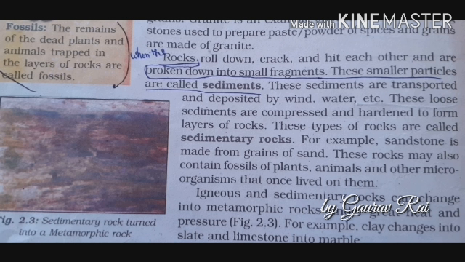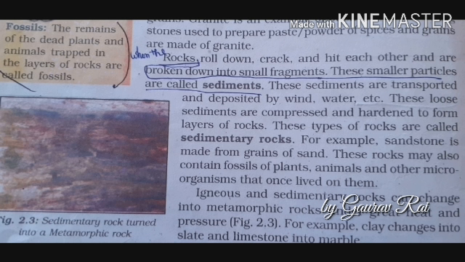Igneous rocks inside and outside earth, sedimentary rocks break into sediments. It means that igneous and sedimentary rocks change into metamorphic rocks under great heat and pressure. For example, clay changes into slate and limestone into marble. So we can say that igneous and sedimentary rocks change into metamorphic rock under great heat and pressure.